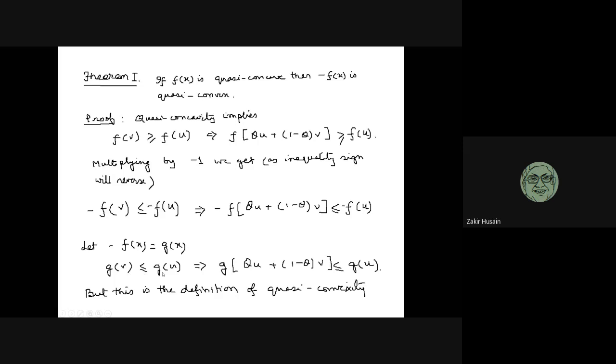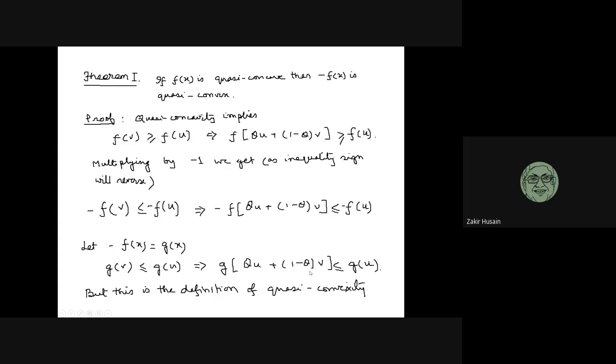Quasi-concavity implies the value is greater than the minimum; quasi-convexity means this term will be less than the maximum. So what is the maximum over here? It is g(u).